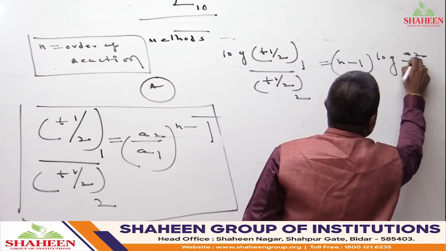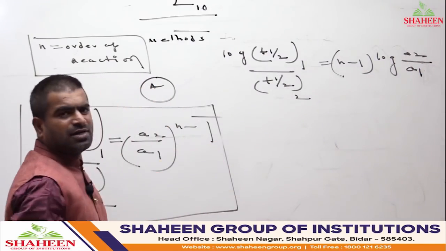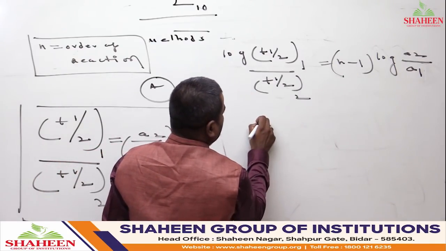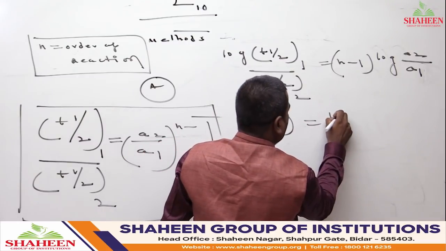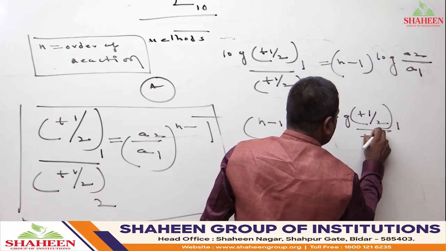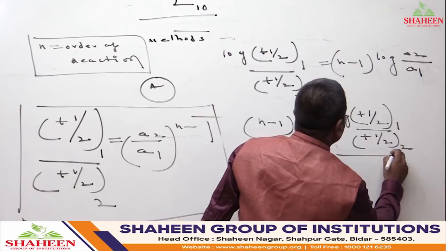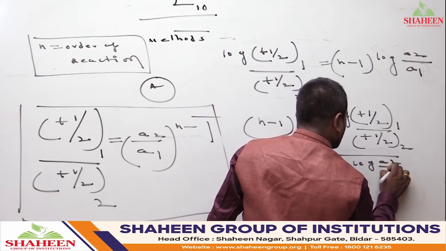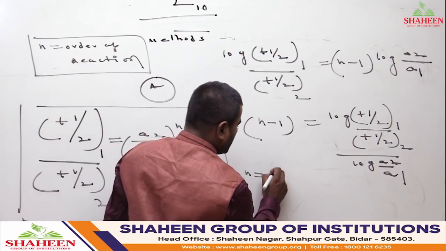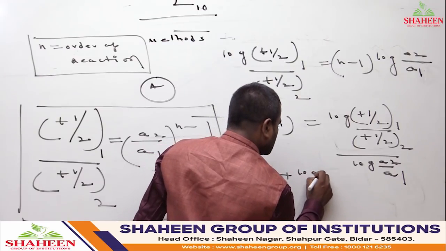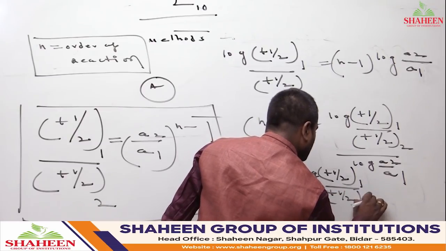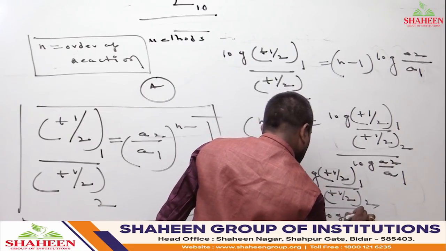Here a1 is the initial concentration of the reactant and a2 is the final concentration of the reactant. To find the n value, n minus 1 equals log of t1 by t2 divided by log a2 by a1. Therefore n, the order of reaction, is equal to 1 plus log of t1 by t2 divided by log a2 by a1.